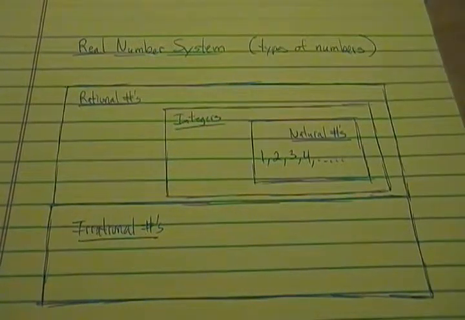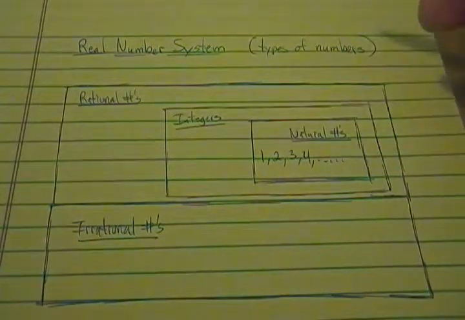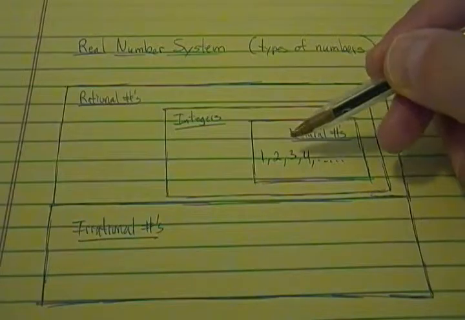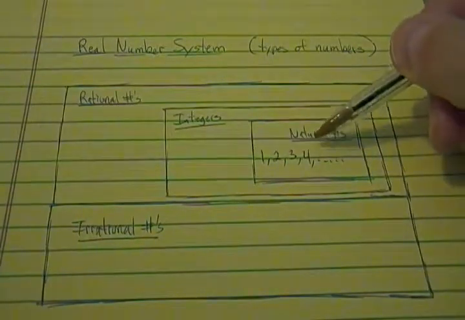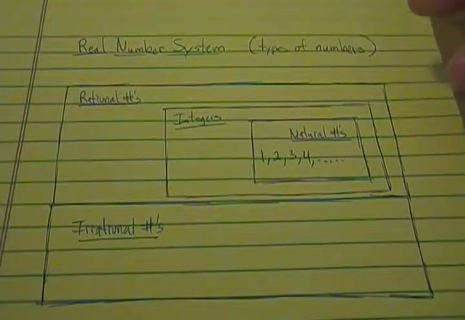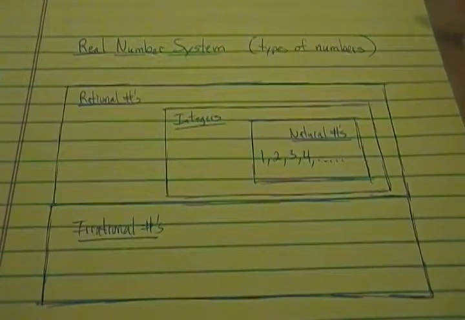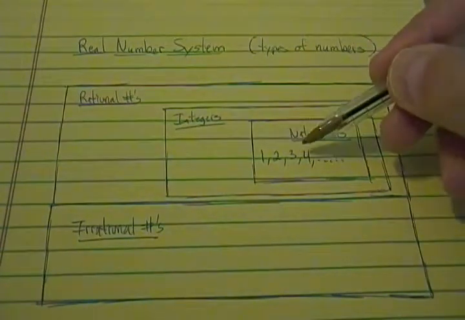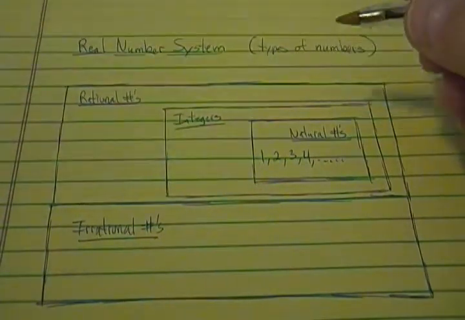Now, the next biggest group of numbers outside of the natural numbers are what we call the integers. Notice that the natural numbers are within the box for the integers. So everything that is a natural number is also an integer. But the integers include more numbers besides just those natural numbers. What the integers include are these positive whole numbers, the natural numbers, but also the negatives of all those natural numbers, and also the number 0.